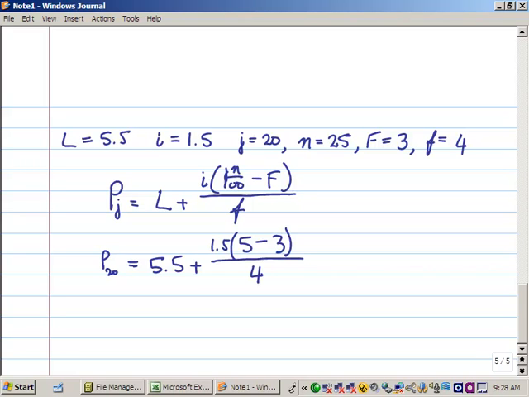When you work that out, you get 6.25. Make sure that you check and see it's actually in your percentile class, that is between the limits that you chose for your percentile class, and 6.25 is indeed between 5.5 and 7.